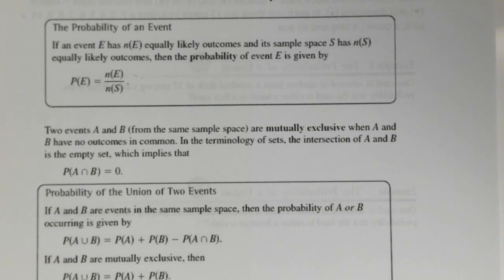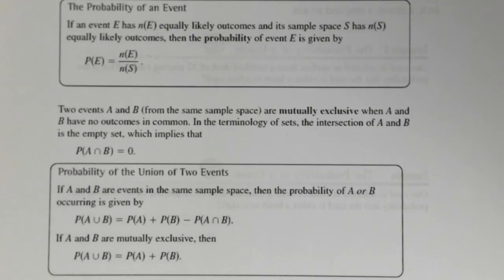If I said, what's the probability of rolling one die and getting a 3 or getting an even number? Well, those two would be mutually exclusive because they're completely different sets. They have nothing in common. 3 is odd, and the even numbers don't include 3. I'll give you some more examples like that here in just a moment.